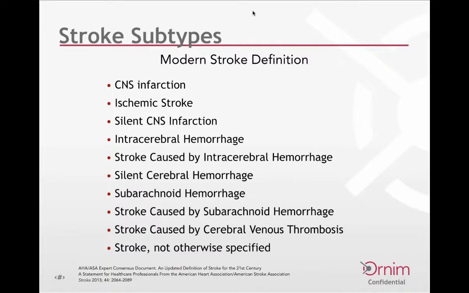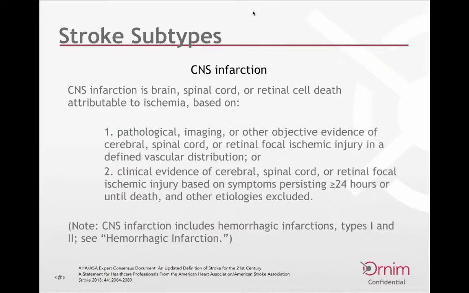There are central nervous system infarctions, which are parallel to ischemic stroke, and silent CNS infarctions. There are intracerebral hemorrhages, stroke caused by intracerebral hemorrhage, silent cerebral hemorrhage, and then we'll focus on subarachnoid hemorrhage, the stroke caused by subarachnoid hemorrhage. And then there are a couple of other categories to look at: stroke caused by cerebral venous thrombosis and stroke not otherwise specified.